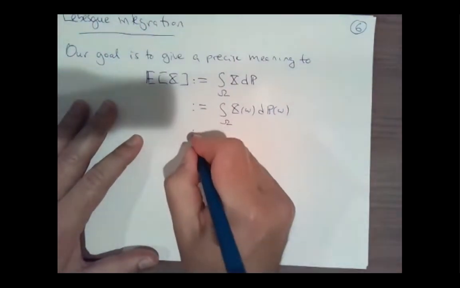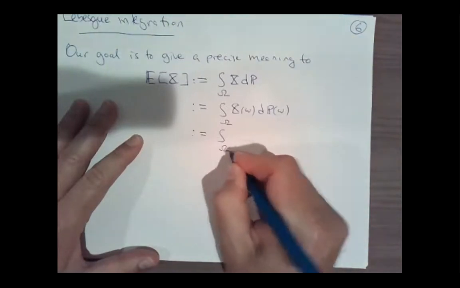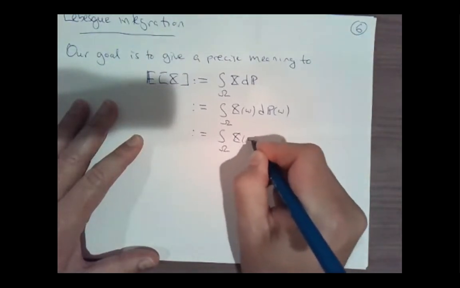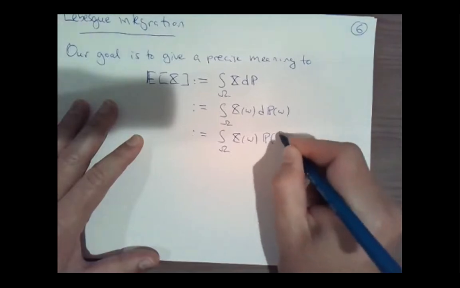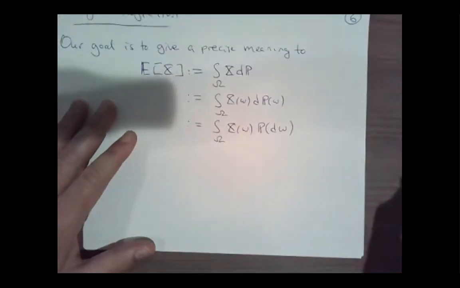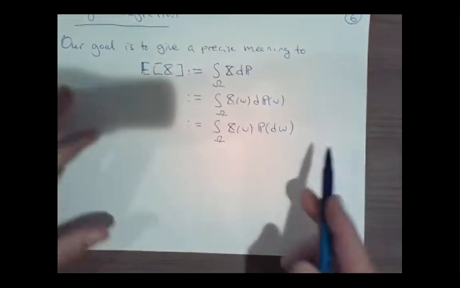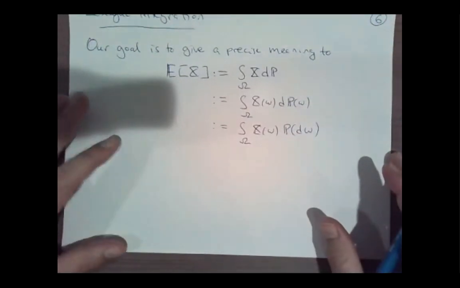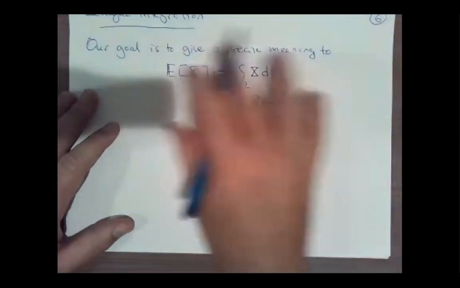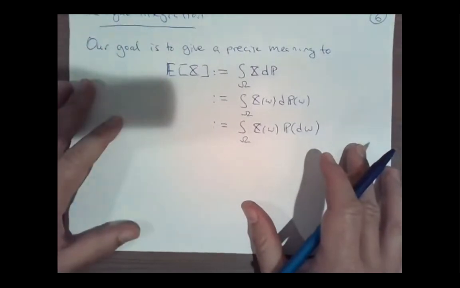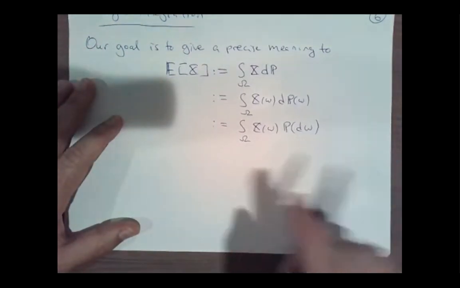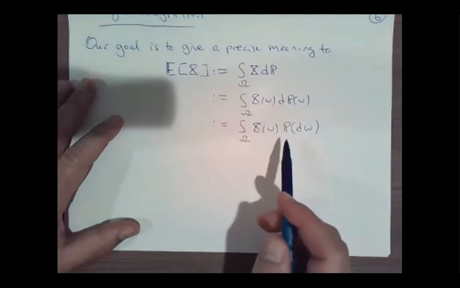You can also write this as X of omega P of d omega. All these symbols are used interchangeably. They're all just different ways of writing the same object. There's no math here. This is just notation.